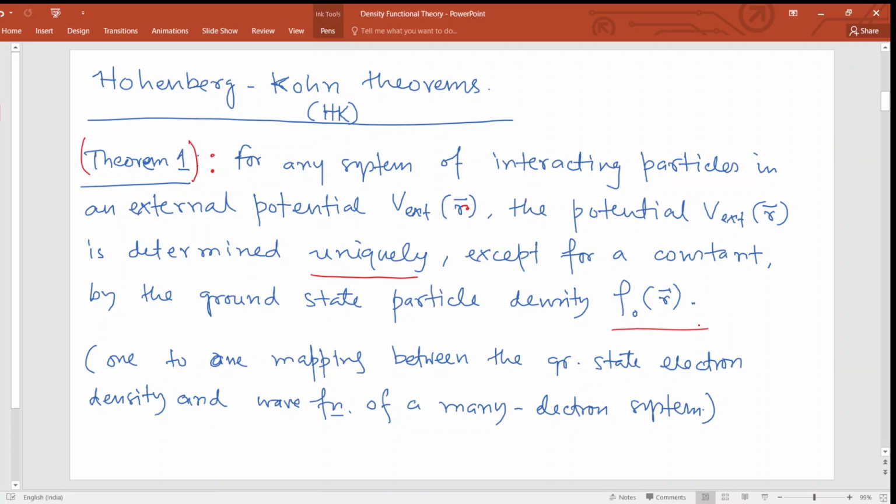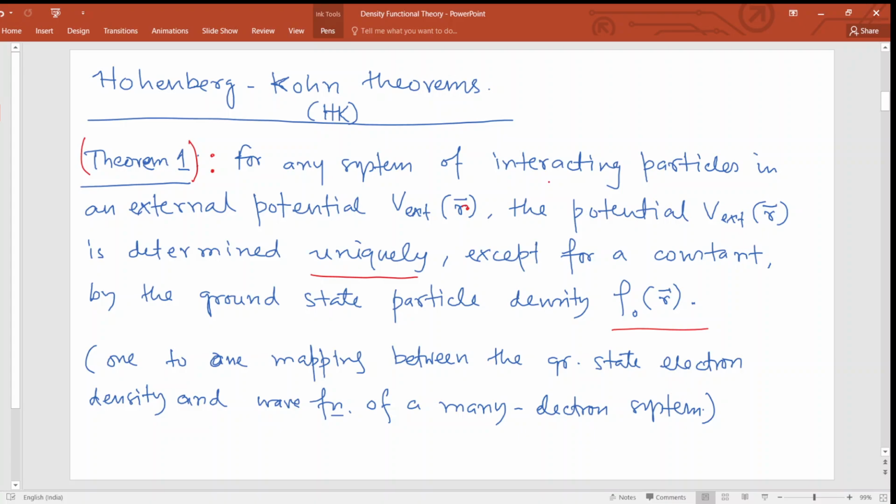Okay, so here it basically shows a one-to-one mapping between the ground state electron density and, let's say, the wave function of an electron system. Basically rho and the wave function have a one-to-one mapping. Now this theorem says that the system could be interacting.